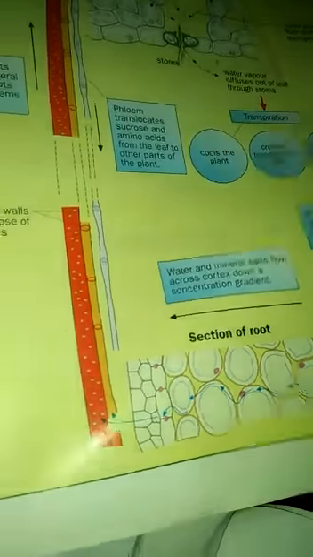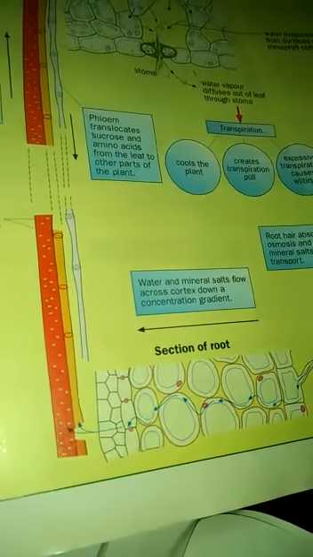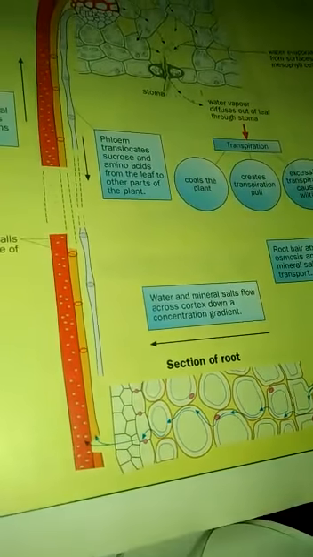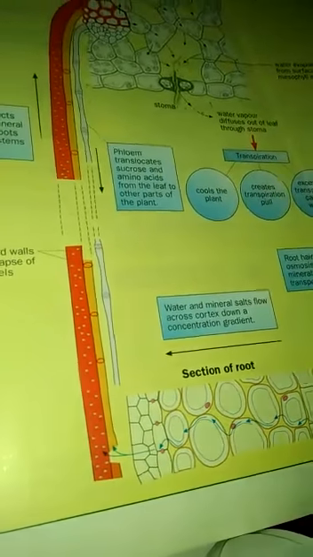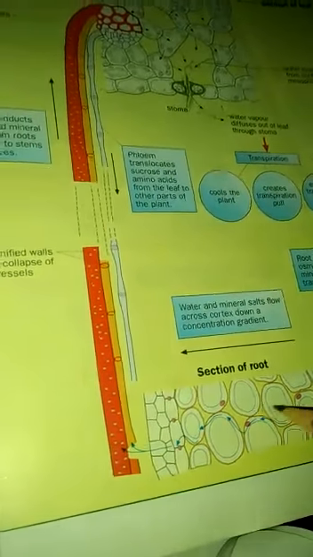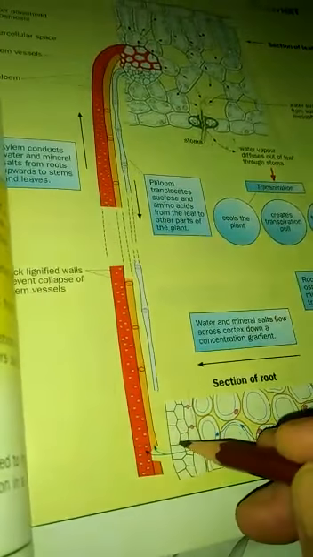I have also taken the transverse section of the root here. These are the root cells. Root is another organ of the plant, and I have taken the transverse section, right? It is the root, and root hairs are present. These are the root hairs, which absorb water and dissolved mineral salts, right? And these are root cells, and root cells also contain xylem cells and phloem cells, right?